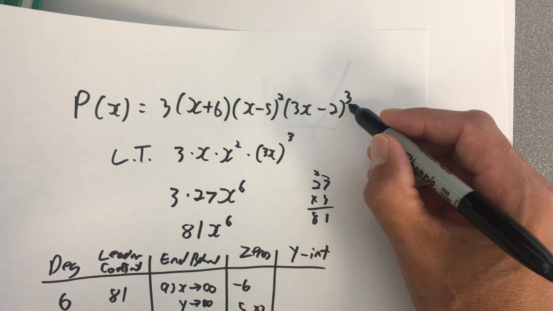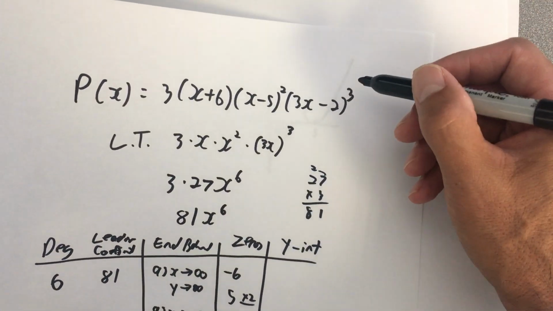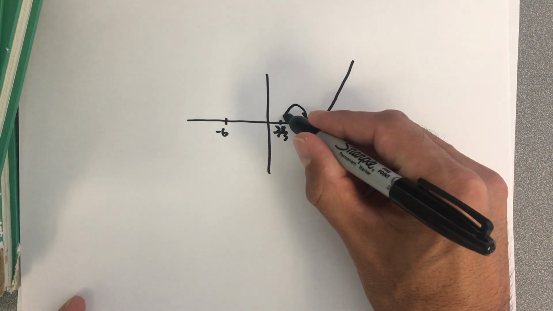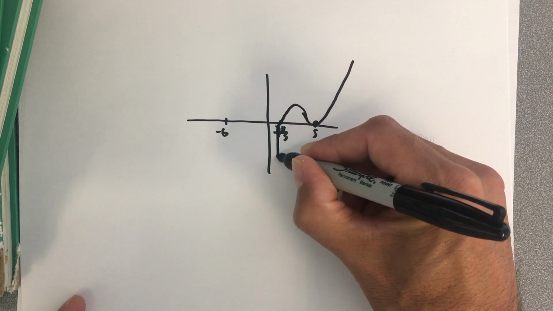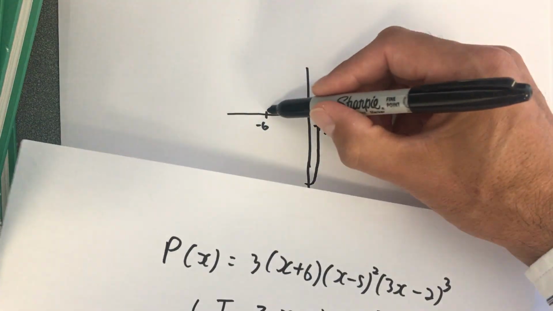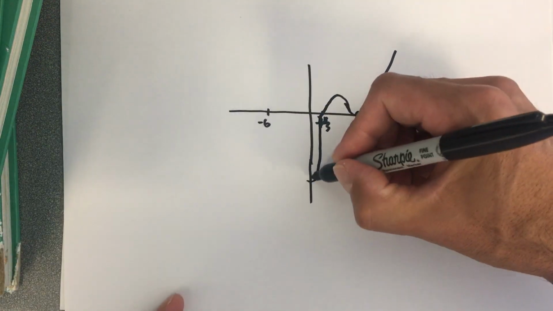The 0 here, the order is 3, it's a triple 0. It's going to be an inflection point, so it's still going to cross through the axis. And then up here at negative 6, that's a single 0, so it's just going to go right through.